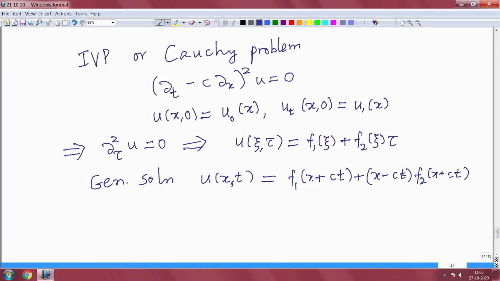We can arrange the terms a little bit and write it in a neat form.